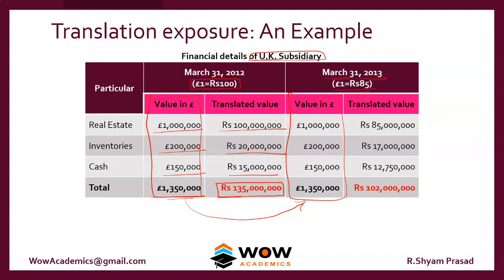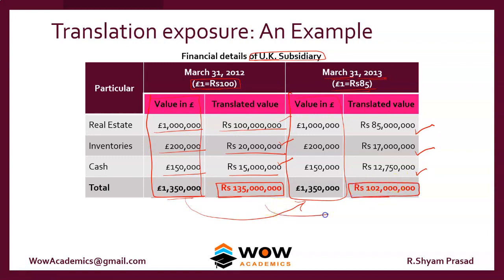But look at the translated value, it now changes. The value here, which was 10 crore, has become 8.5 crore. The value here, which was 2 crore, has become 1.7 crore. The value here, which was 1.5 crore, has become 1.275 crore. So put together, the value of the company has fallen.